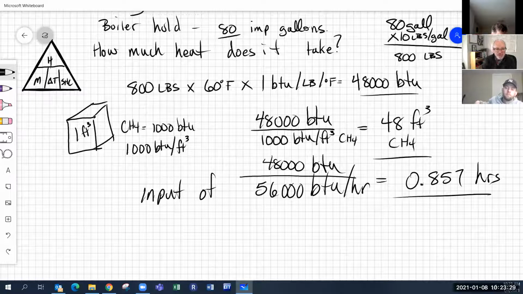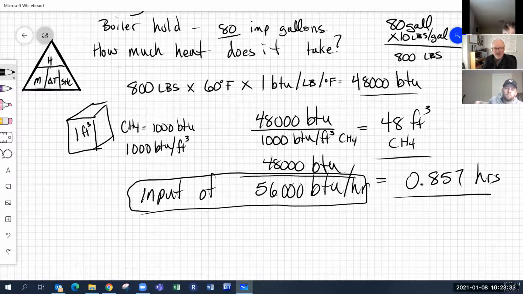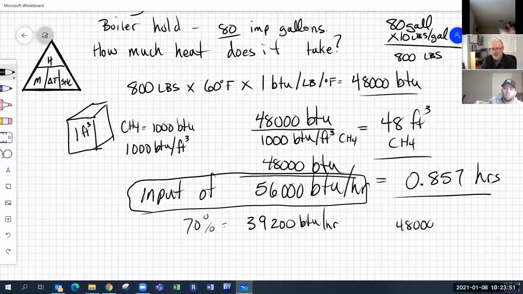So if the input of that boiler was 56,000, and if I said that boiler was only 70% efficient, which means 56,000 times 0.7, it means I'm only going to get 39,200 BTUs per hour into the water. So then it'd be 48,000 divided by 39,200. So it's going to take over an hour to get that water up there.